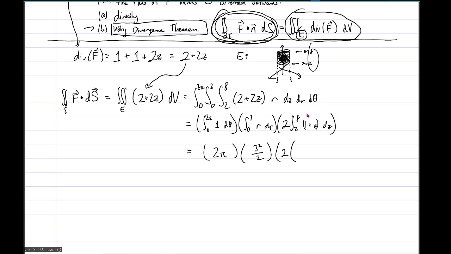Off to the side, the integral of 1 plus z dz is z plus z squared over 2 plus c. So based on that, we have here 8 plus 8 squared over 2 minus 2 plus 2 squared over 2. Let's use some more parentheses. Is that the right number of parentheses? I think so. We'll cancel the 2 here on top and bottom, and the 3 squared times 2 we'll have there equals 18 pi.